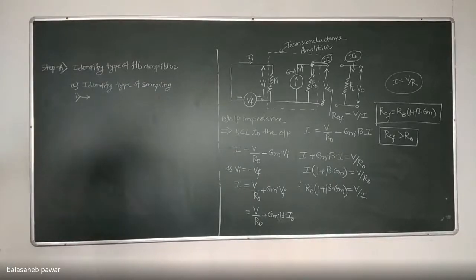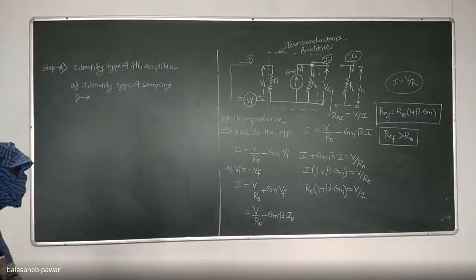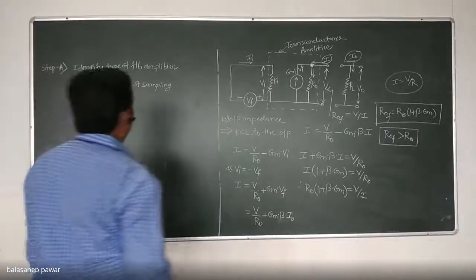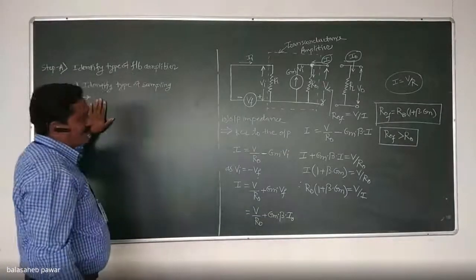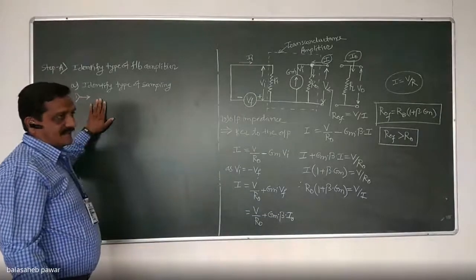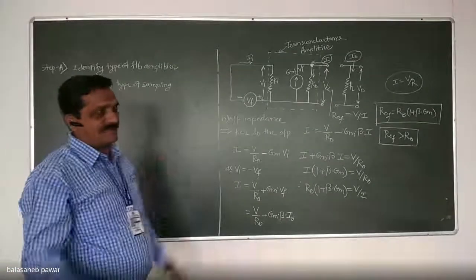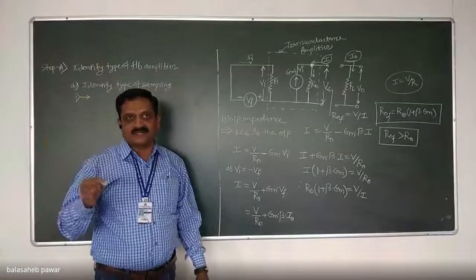If, by making the output equal to 0, that is by providing a short circuit to the output in the given amplifier circuit, you just have to imagine it.